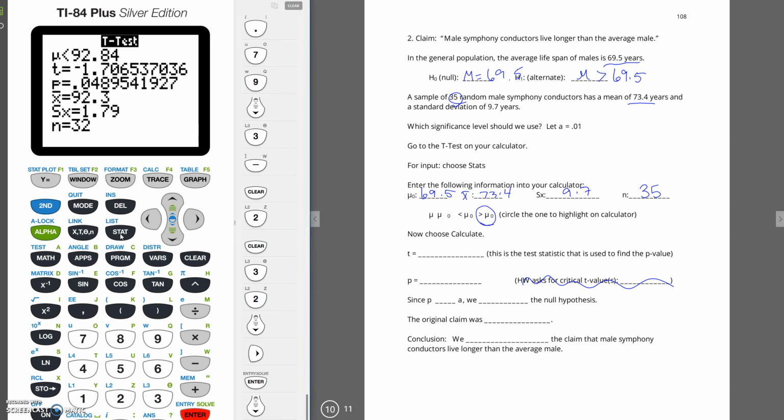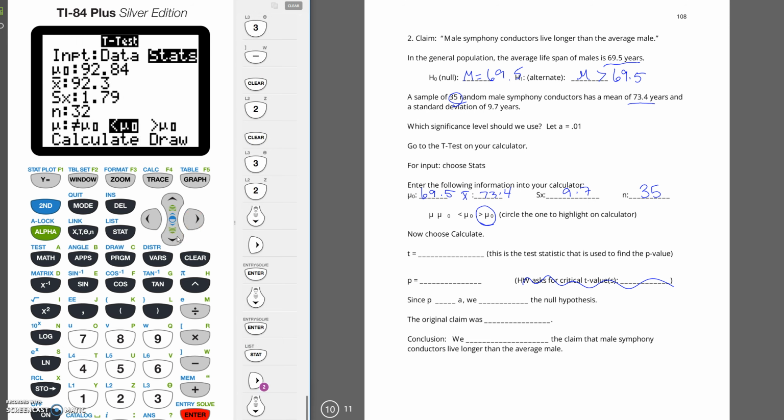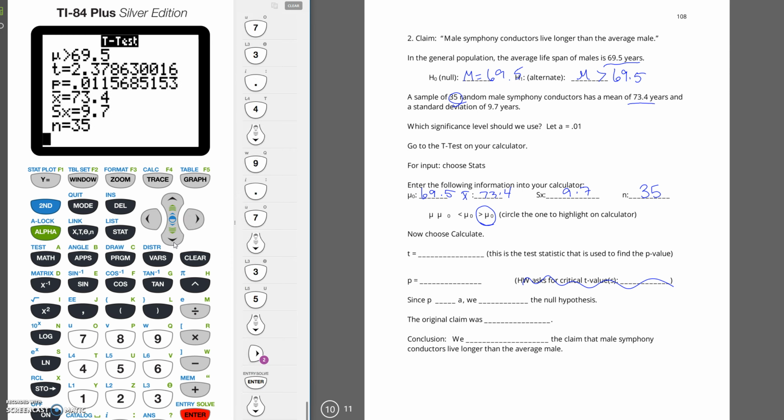So you're going to go to stat, go over to tests, and go to t-test. Our mu0 here was 69.5, our x bar was 73.4, our standard deviation was 9.7, and there were 35 in the sample. And we're testing that it's greater.